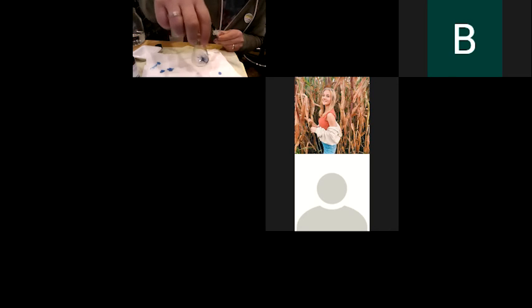Because right around the blue, you can see just these tinges of yellow. And then it goes away. Swirl it, it's gone.